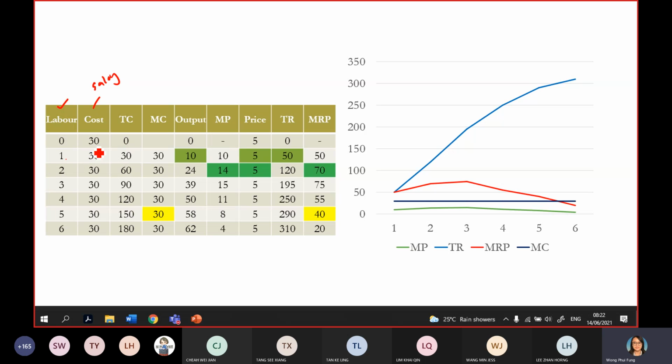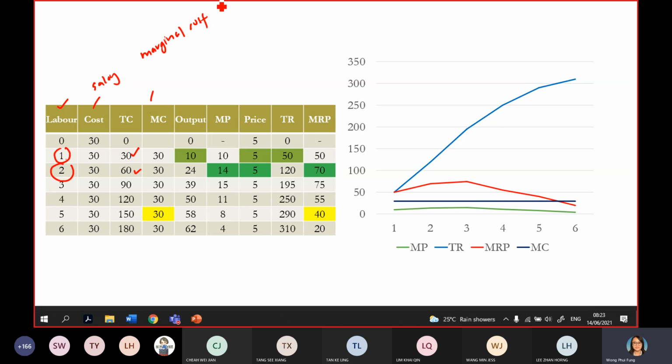So 1 labor, everybody takes 30 ringgit. If I hire 1 labor, the total cost will be 30. If I hire 2 labor, then you know lah, simple mathematics, I have to spend 60 ringgit. Okay, MC means marginal cost.